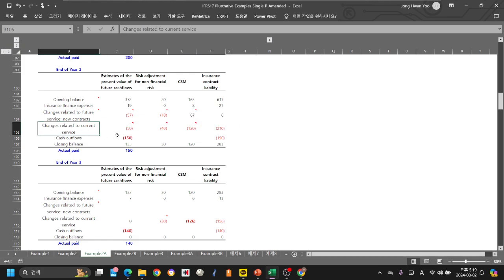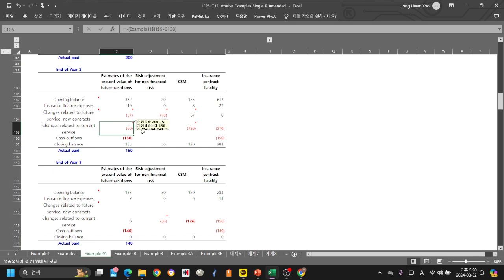And also there is an experience adjustment. The difference of 50 is a profit that we recognize right away, because we assumed 200 as a claim outgo, but there was 150 in actual payment. Unlike example 2, here one reason is the experience adjustment, and the second is that we changed the future assumption.